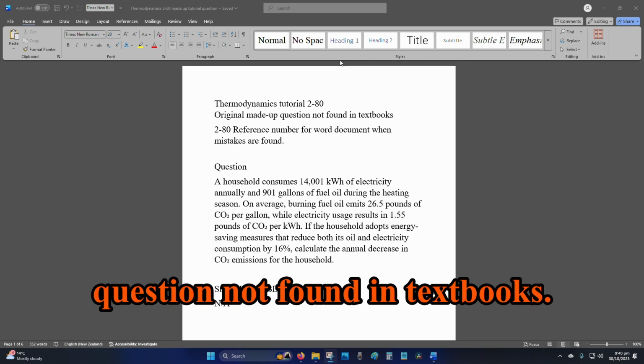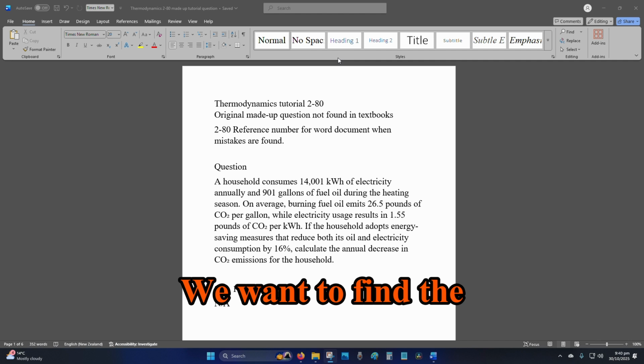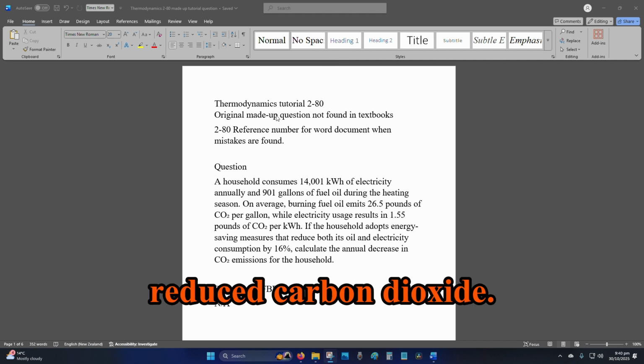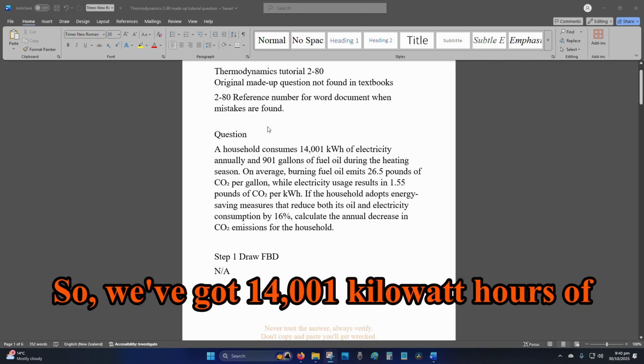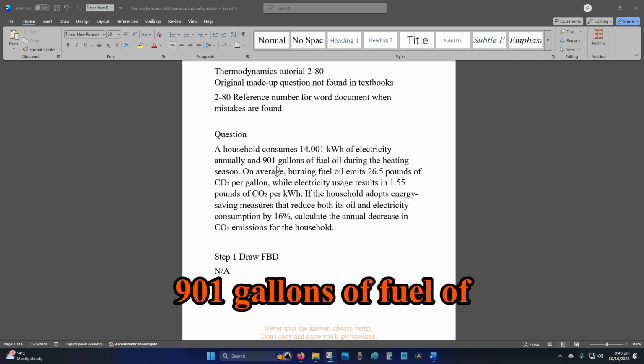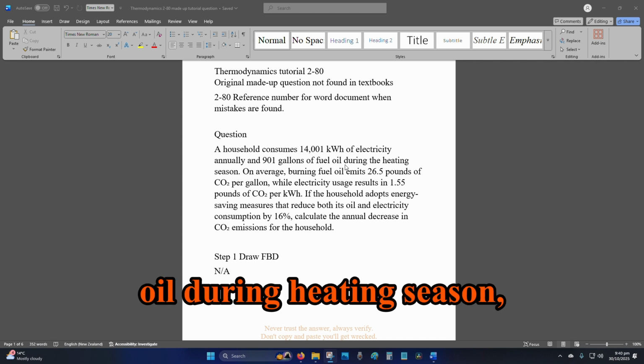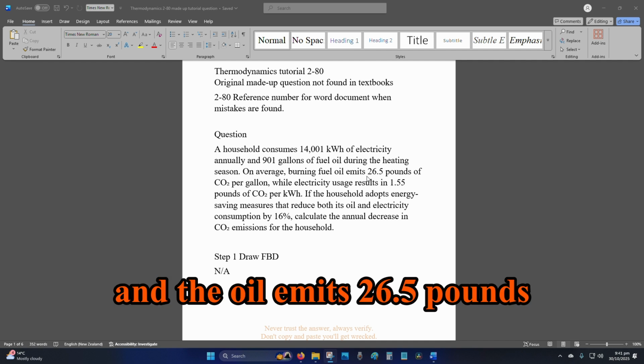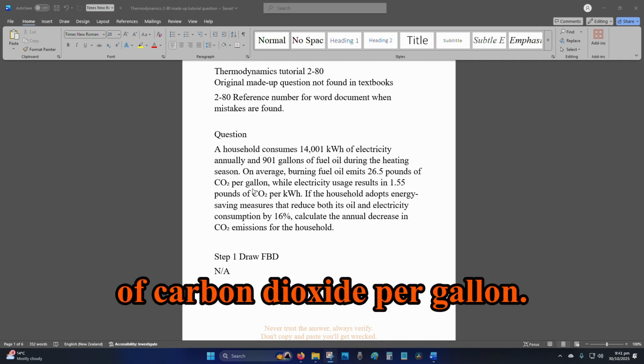This is a made-up question not found in textbooks. We want to find the reduced carbon dioxide. So we've got 14,001 kilowatt hours of electricity used per year, 901 gallons of oil during heating season, and the oil emits 26.5 pounds of carbon dioxide per gallon.